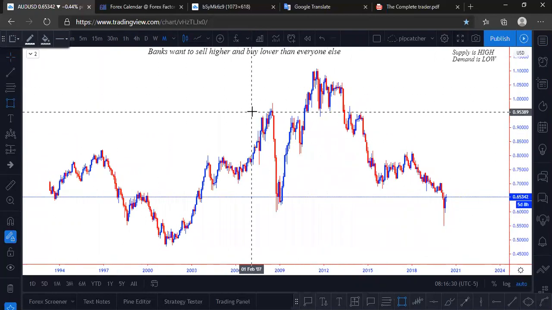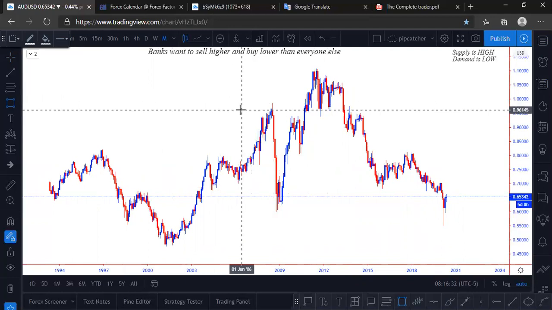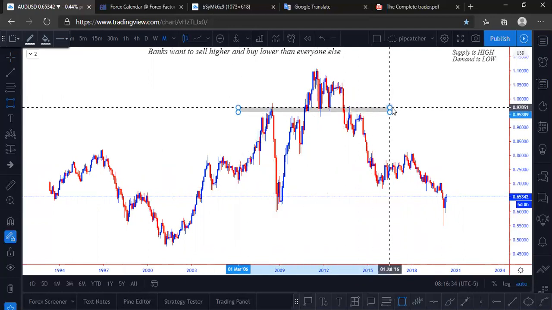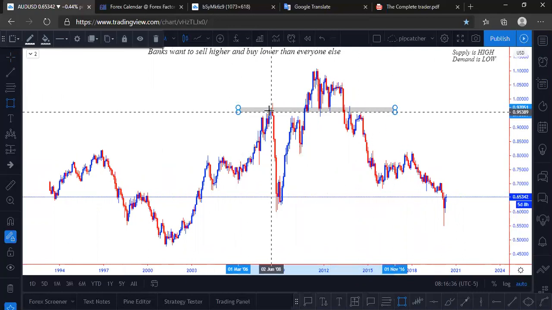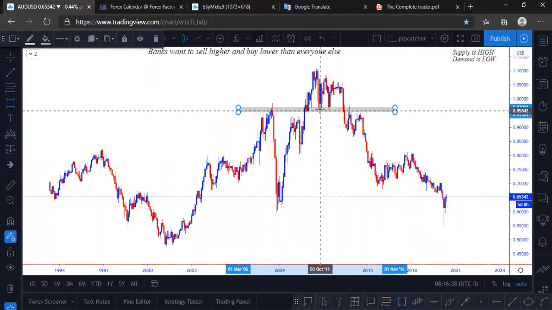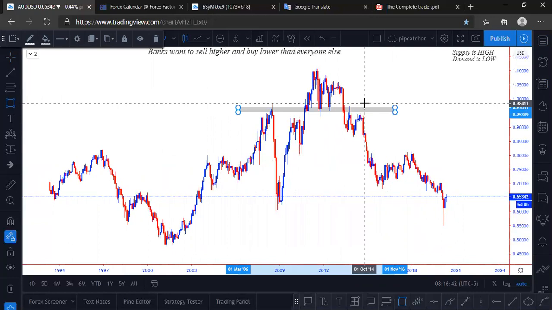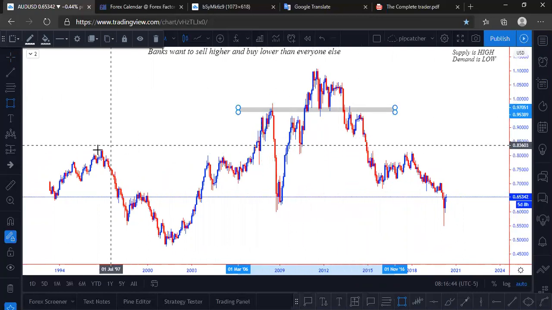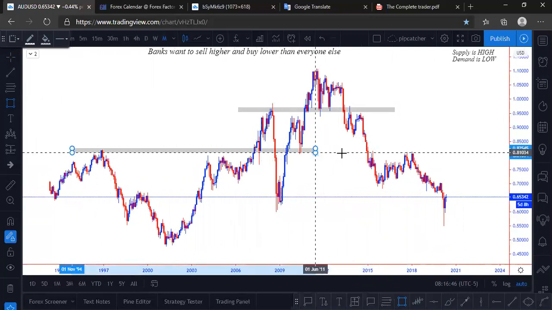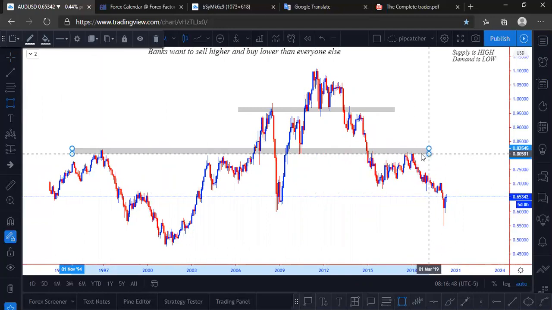So for instance, I'm just going to start marking up right here. There's pretty good touches and rejections from this zone. I could go right here, right?